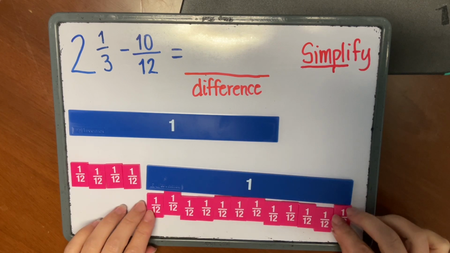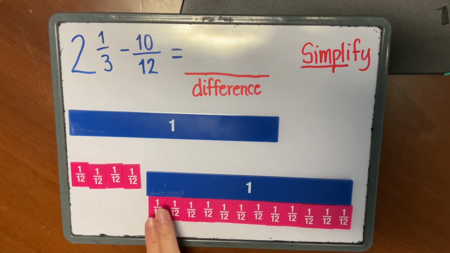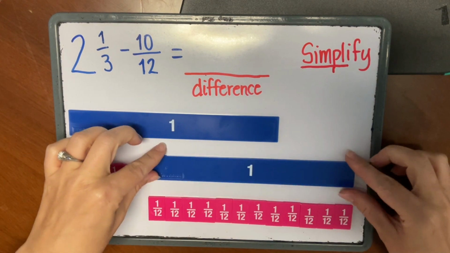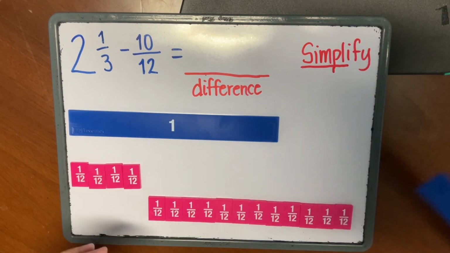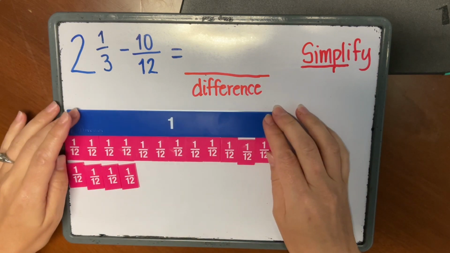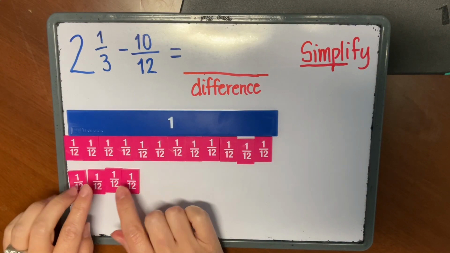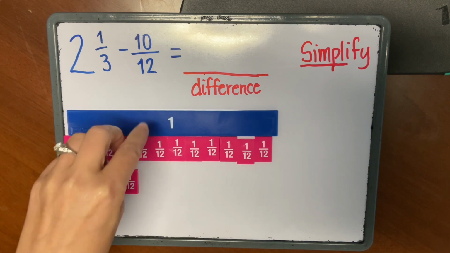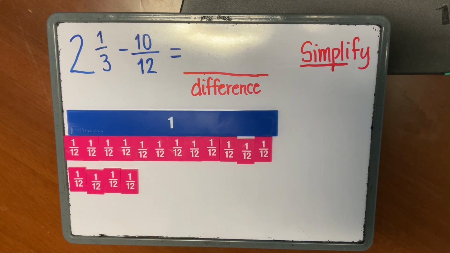Okay, is that 12? 2, 4, 6, 8, 10, 12. It is. So now I can trade this out because it's equivalent. I still have 2 wholes and 1/3, which is the same as 1 whole, 12 12ths, and 4 12ths.